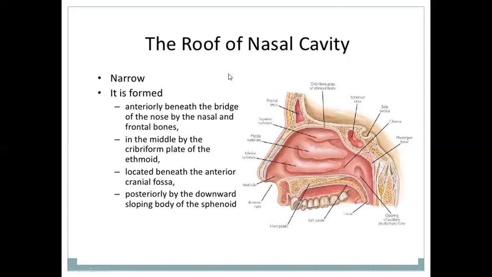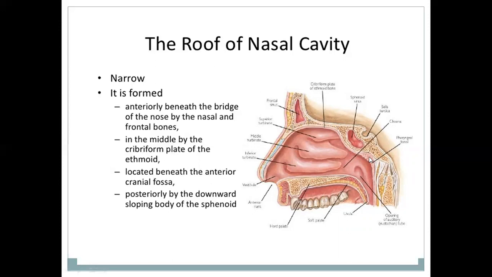The roof of the nasal cavity is formed by different bones: the frontal bone and the nasal bones anteriorly. In the middle it is formed by the cribriform plate of the ethmoid bone.